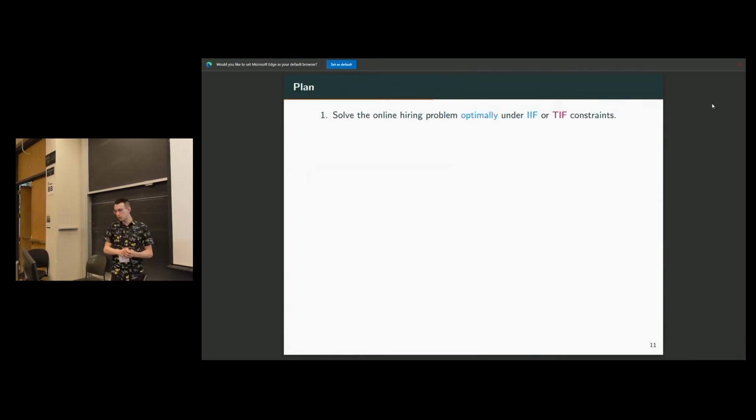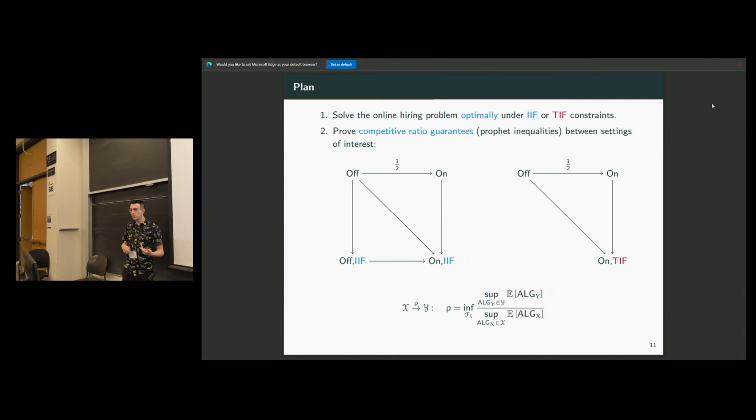OK, so what is the plan for the next few remaining minutes? We need to solve the profit inequality problem optimally under the IIF constraint or under the TIF constraint. That will be one goal. And the second one is to prove profit inequalities. But now the landscape is more interesting because before we had the profit on the one hand and the online algorithm on the other. Now adding fairness adds another dimension to the problem.